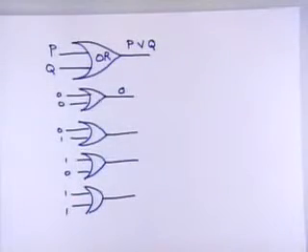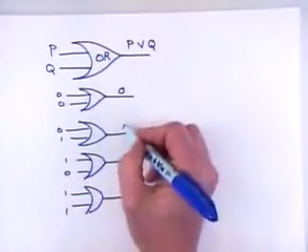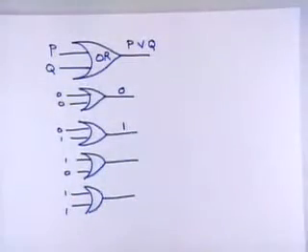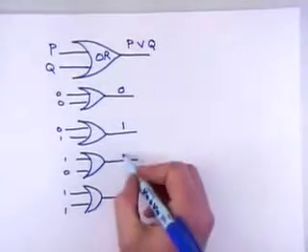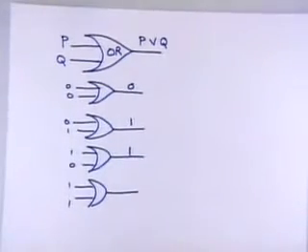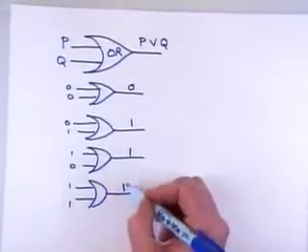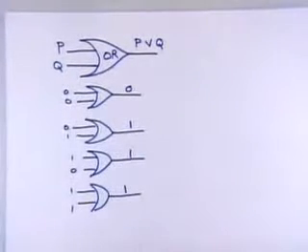If I put 0, 1 in, I get 1 as an output. If I put 1, 0 in, I get 1 as my output. And again, if I put 1 and 1 in, I get 1 as my output. So this is the same operator we've been working with so far this semester. It's just that we're going to do it with pictures now.